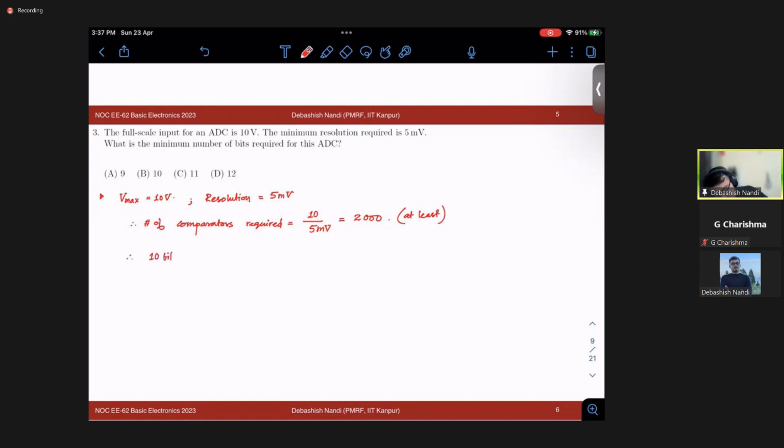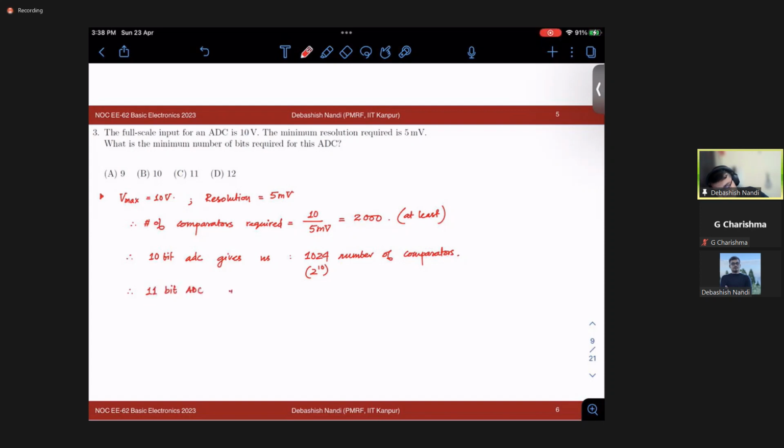Okay, so a 10 bit ADC gives us how many comparators? 1024, right? That is 2 to the power 10. So that is not sufficient. We can see that we need at least 2000, right? So we need to increase the bits, the size of the ADC.